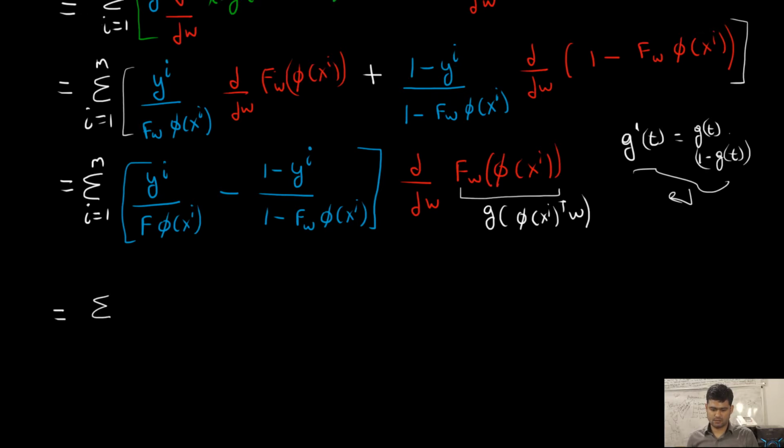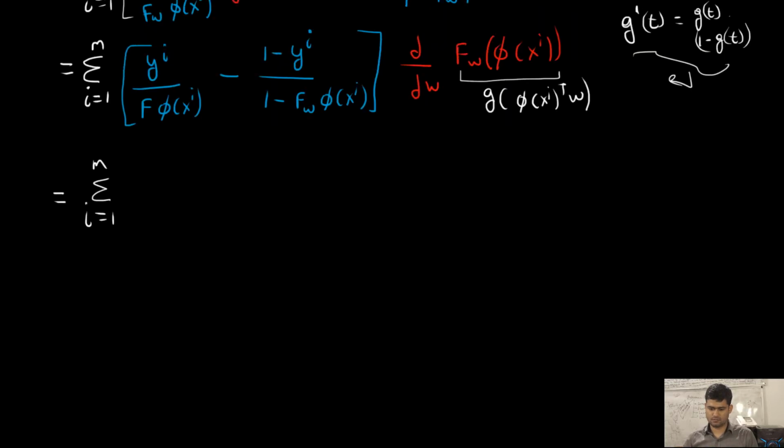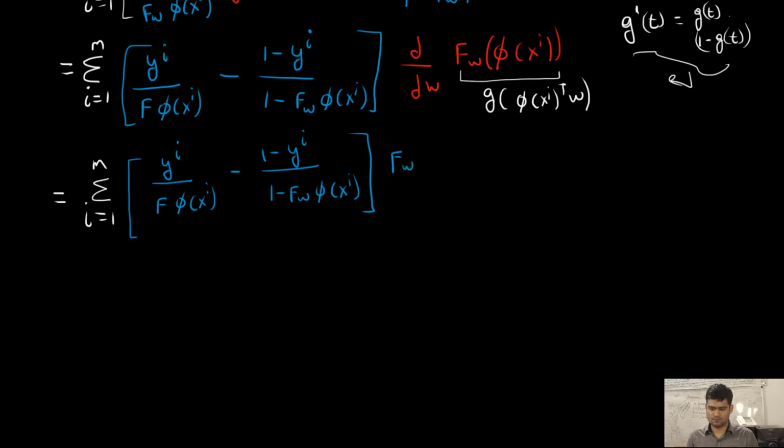So this becomes the sum over i equal to 1 to n of y_i over f of phi of x_i minus 1 minus y_i over 1 minus f of phi of x_i, times f_w of phi of x_i times 1 minus f_w of phi of x_i, times the derivative of this argument phi of x_i transpose w.